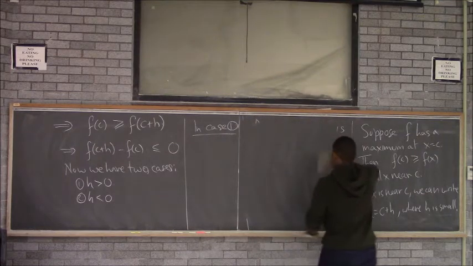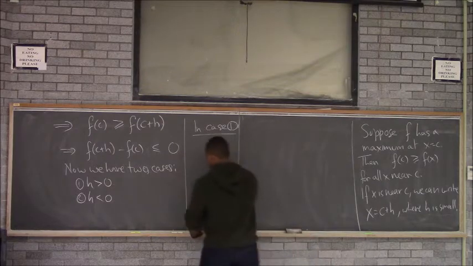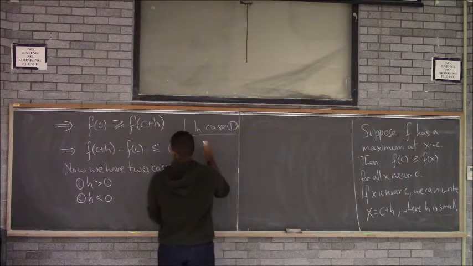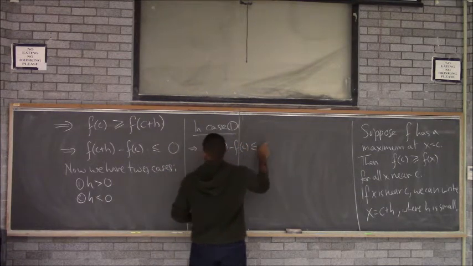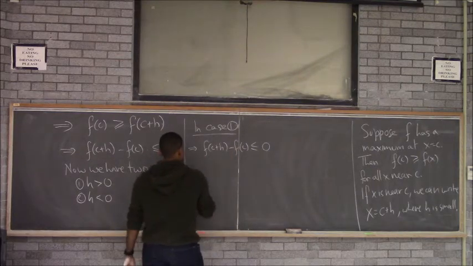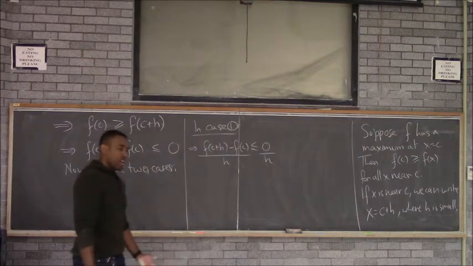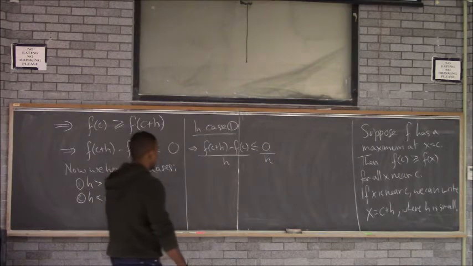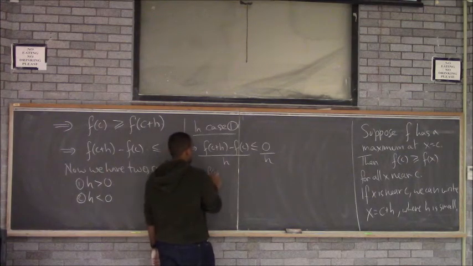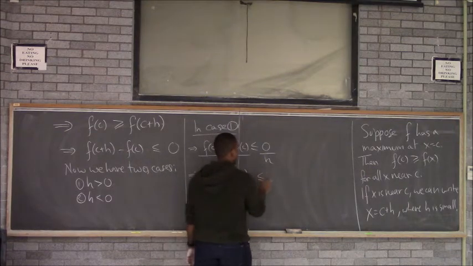So if I look at points close to it on the right side, this is what's going to happen. This means that if I were to take f of c plus h minus f of c, and let's say I were to divide both sides by h, it turns out because I'm dividing an inequality by a positive number, the inequality sign is going to remain in the same direction. So this means that f of c plus h minus f of c all over h is going to be less than or equal to 0.